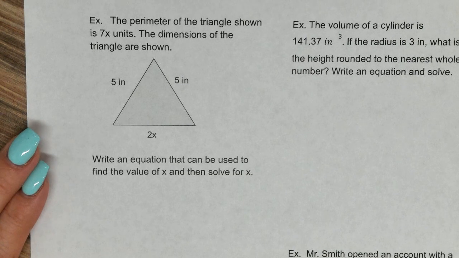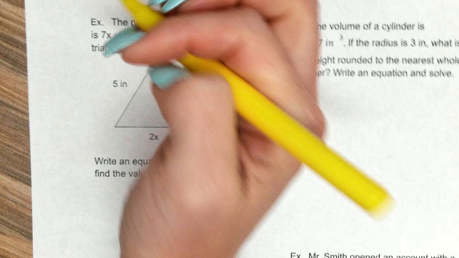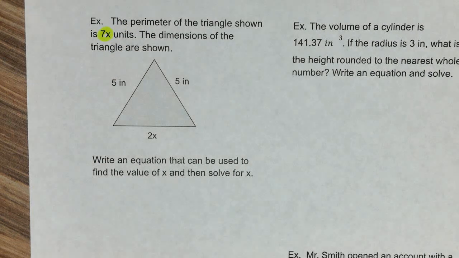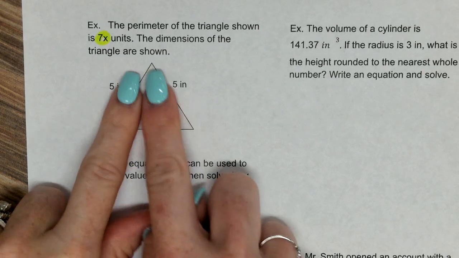All right, so let's look at the first example. Everybody ready? The perimeter of the triangle shown is 7x units. The dimensions of the triangle are shown. So here's the base, here's the side lengths.